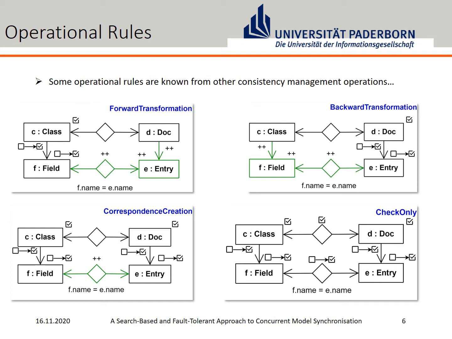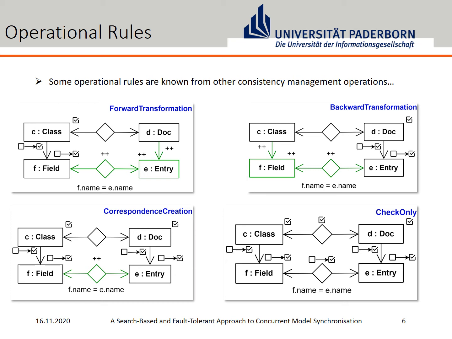For forward transformation, we furthermore assume that there is a field which is marked. When applying the rule, an entry in the target model and a correspondence link to the existing field are created. Similarly, for backward transformation, we assume that the entry already exists, and we then transform it backward to the source model by creating a field with the same name.